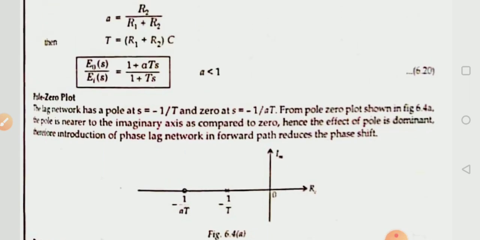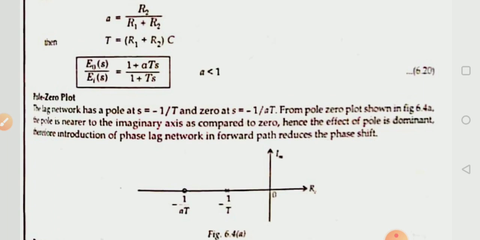So I think you understand what phase lag and phase lead are. When the phase of the output voltage leads the input voltage phase, it is the lead network, and when the output voltage phase lags the phase of the input voltage, it is called the lag network.